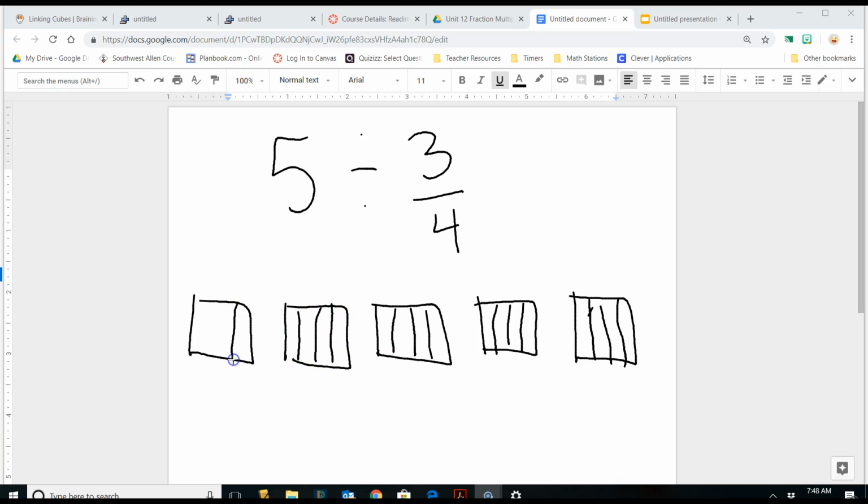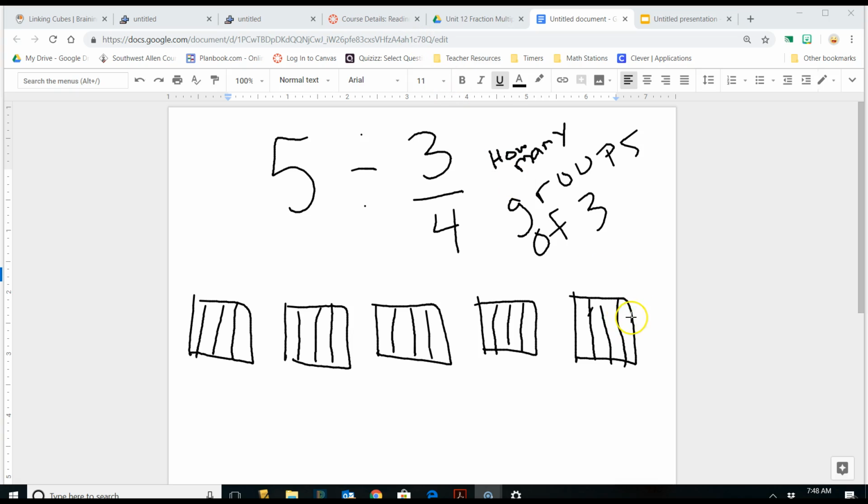Now, the difference is, instead of counting each of my 4 pieces, each set of 3 pieces, now I want to know how many groups of 3 do I have? How many groups of 3 do I have?